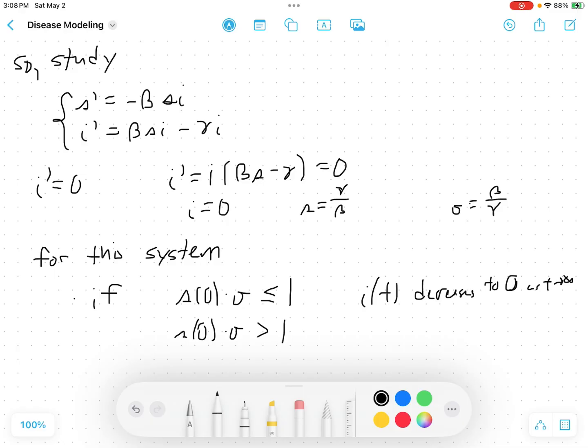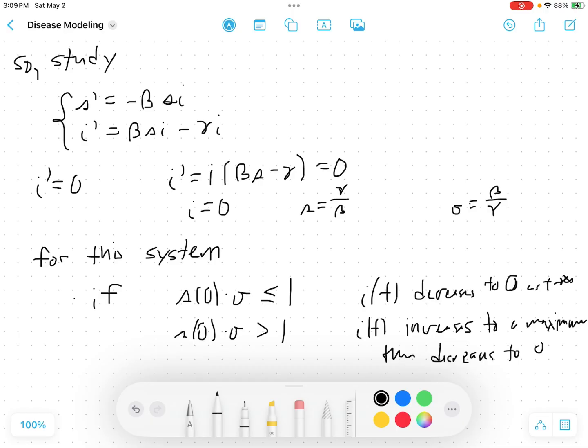If it's greater than 1, we start off increasing, and then goes back to decreasing to 0 for this particular model, because there's no recovered people going back into the susceptible pool.